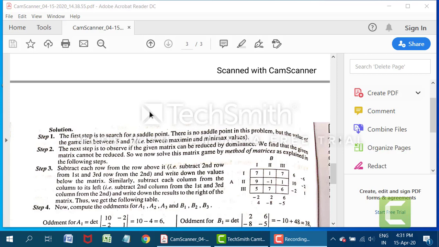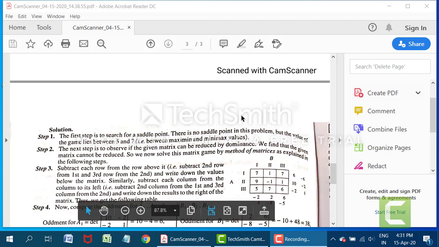For 2 by n, 2 by 3, 2 by 4, one problem, and for 3 by 2 or 4 by 2, one matrix, graphical method. Then for 3 by 3, take two more problems. You will get it in practice. Within no time you will be able to do it. You follow either the matrix method or the previous algebraic method. Thank you.